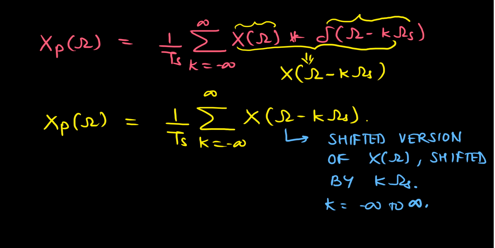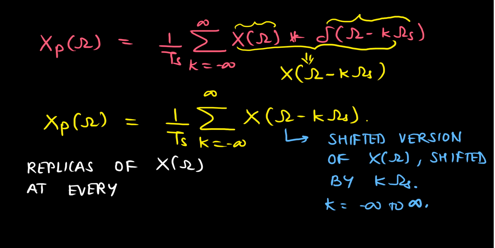So at the end we are getting replicas of X of omega at every integer multiple of the sampling frequency, or of omega s. And moreover we are having some scaling of 1 by Ts.